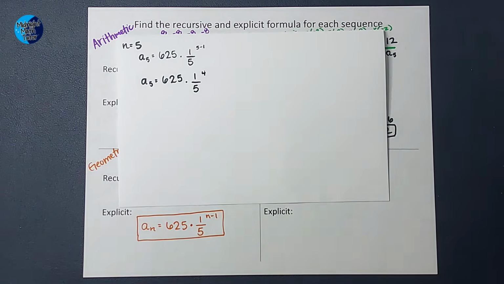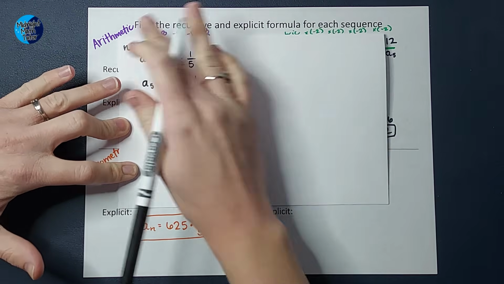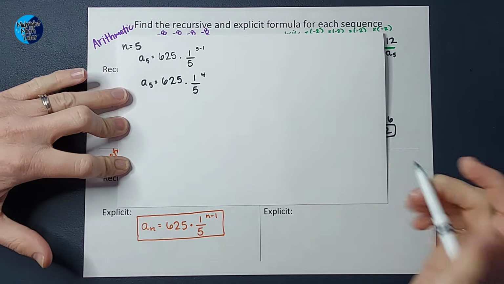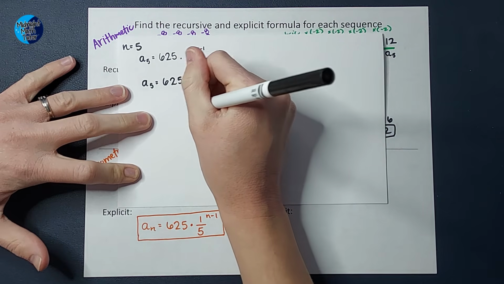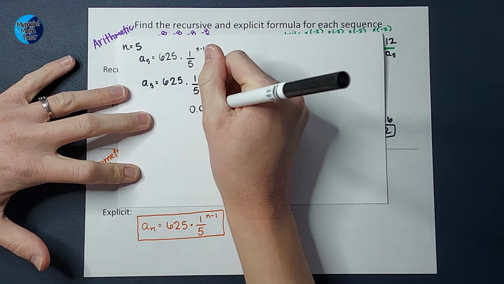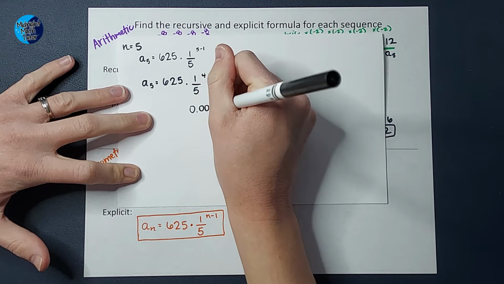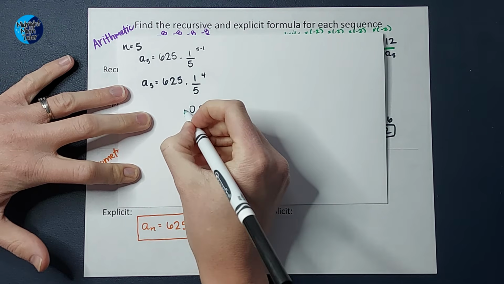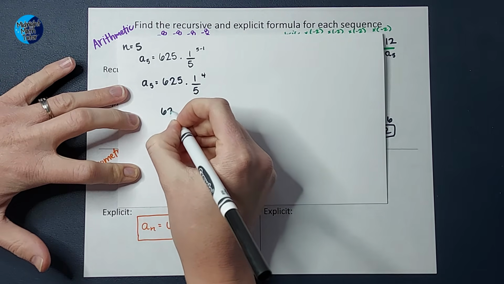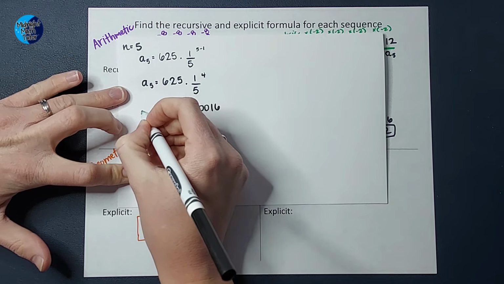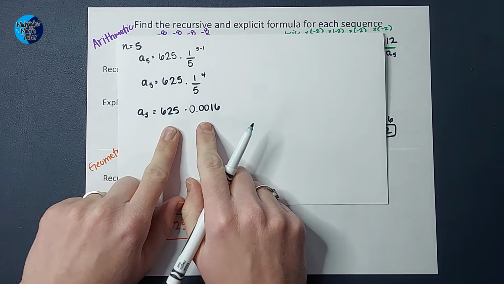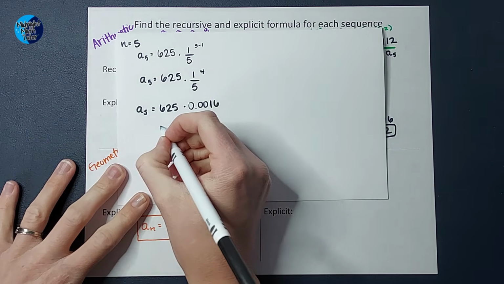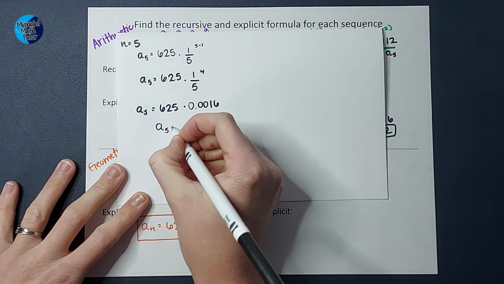Now if you put this into your calculator, 1/5 to the 4th power, you are going to get 0.0016. So we're multiplying that by 625. And you might be like, ugh, that doesn't look like a fun thing to solve. But guess what? It ends up just being a sub 5 equals 1.